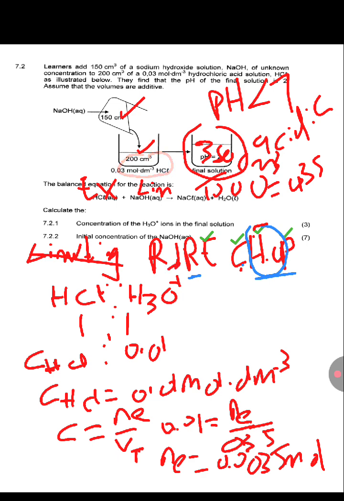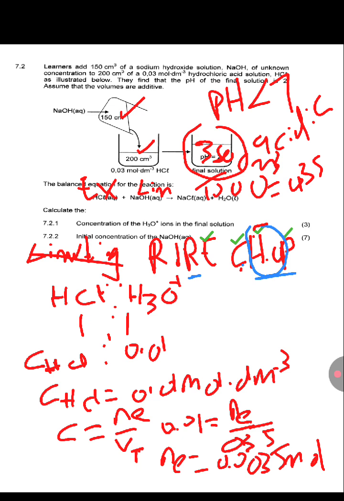Then after getting the initial number of moles, that's when I can get the reacted number of moles. Remember, the excess reactant cannot be used in a ratio to get information about another substance. Even the initial number of moles cannot be used in a ratio to get information about another substance. It is only the reacted number of moles that can be used in a ratio to get information about another substance. Okay, that is what we need to know.